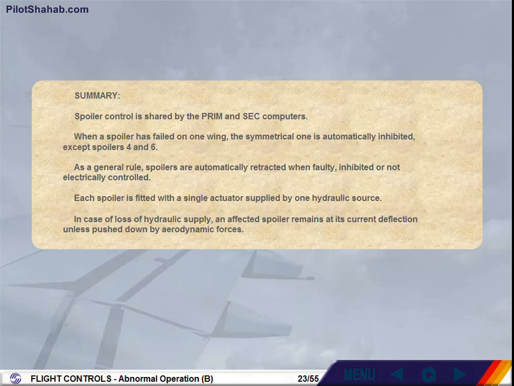Each spoiler is fitted with a single actuator supplied by one hydraulic source. In case of loss of hydraulic supply, an affected spoiler remains at its current deflection unless pushed down by aerodynamic forces.